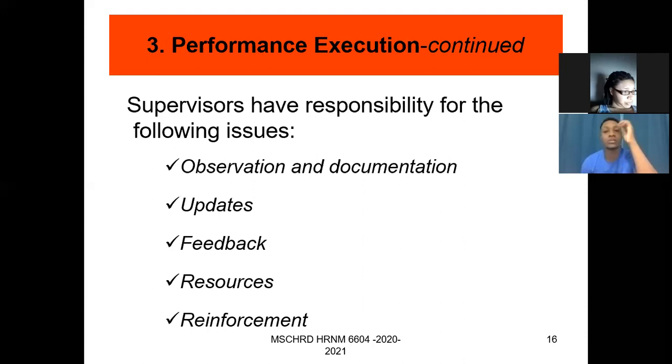Okay, so you will come to hear that we will put in certain things like we suggest the use of a critical incidents log. So when we get to that, you will understand why we're putting that in, because observance of performance and documentation of performance is very, very important.